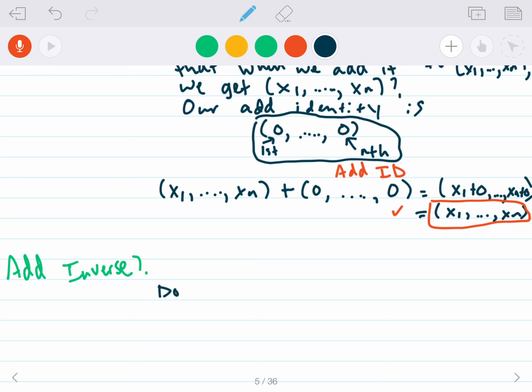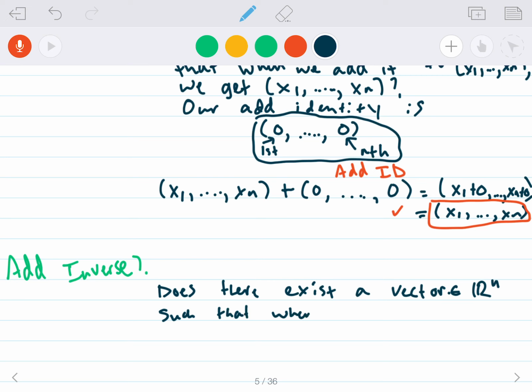So does there exist a vector in Rn such that when I add it to x1 ... xn, I get the 0 vector, or the additive identity?